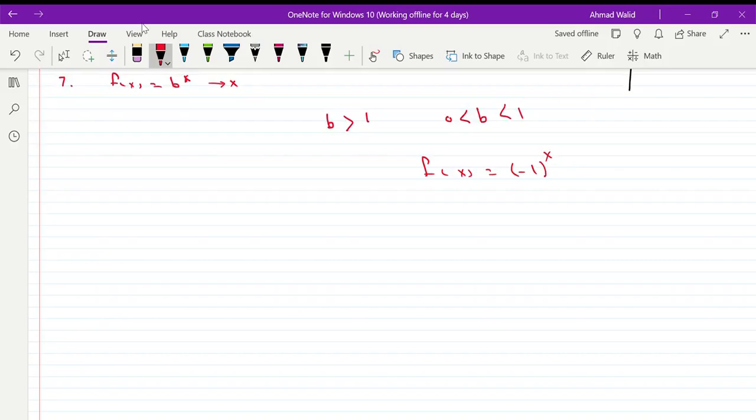My answer immediately will be no, because negative 1 is b, and your b cannot be less than 0. It means, in a simple language, in an exponential function, the base cannot be negative numbers. Correct? Your base is always positive numbers, not negative numbers.